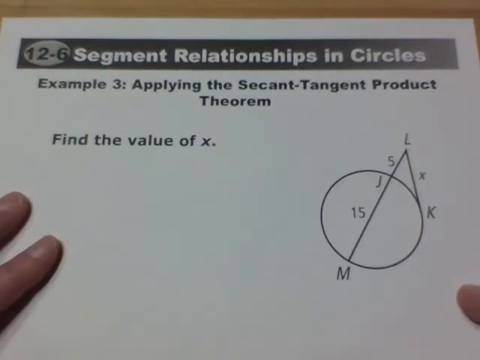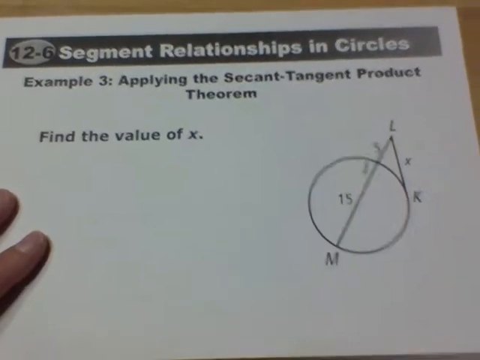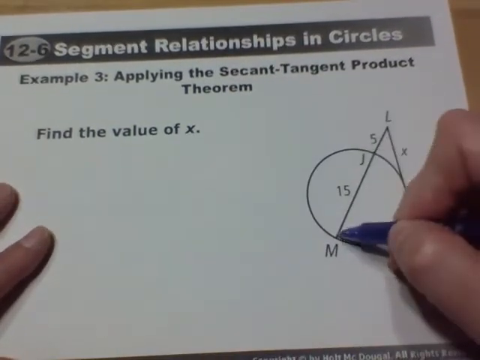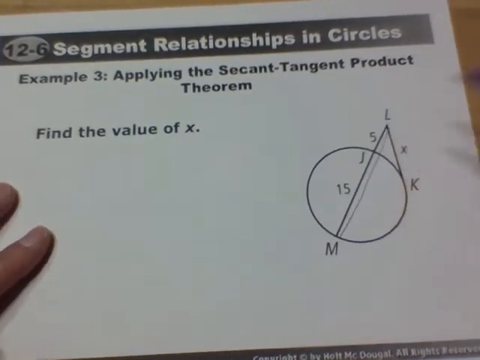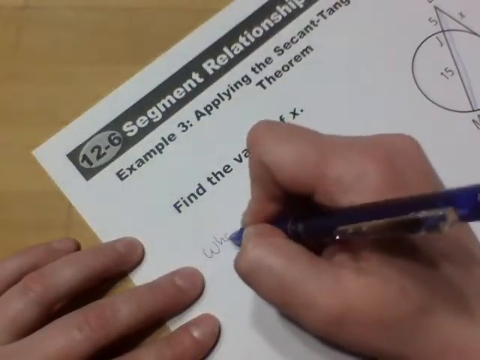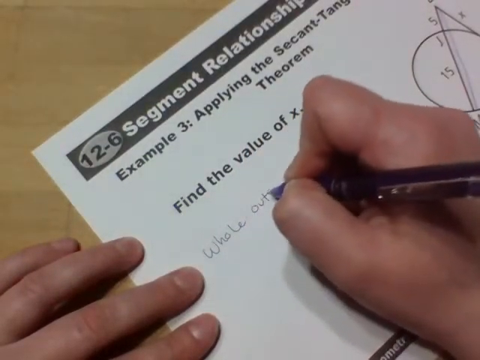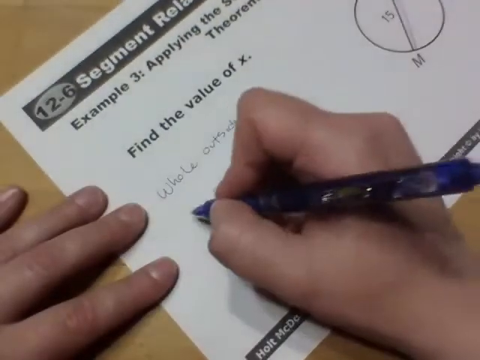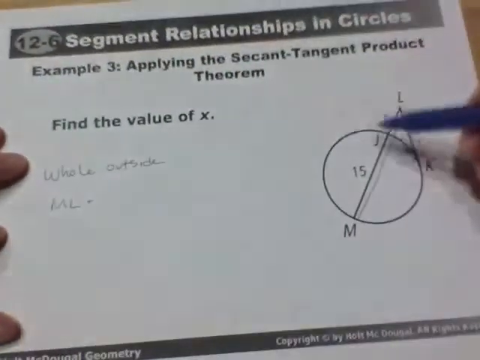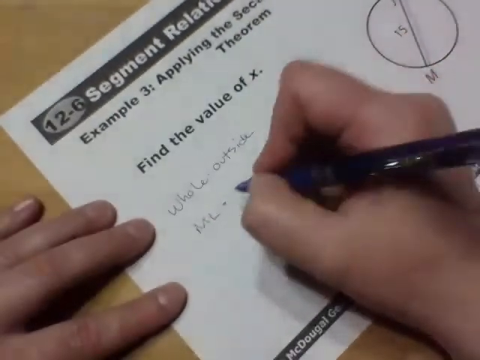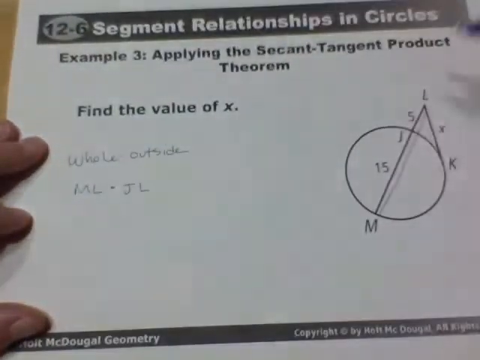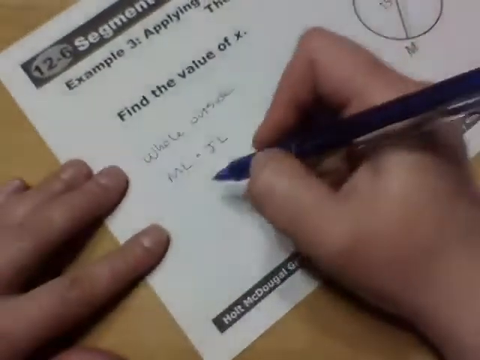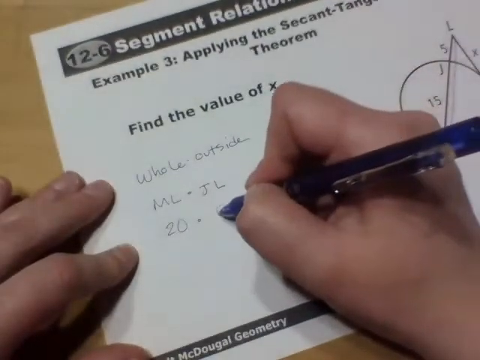So our last example here is to find the value of x. So this is our secant segment. And so remember, we're going to do the whole times the outside. And so the whole piece is ML, and we're going to multiply that by the outside, which is JL. ML is 20, but JL is only 5.